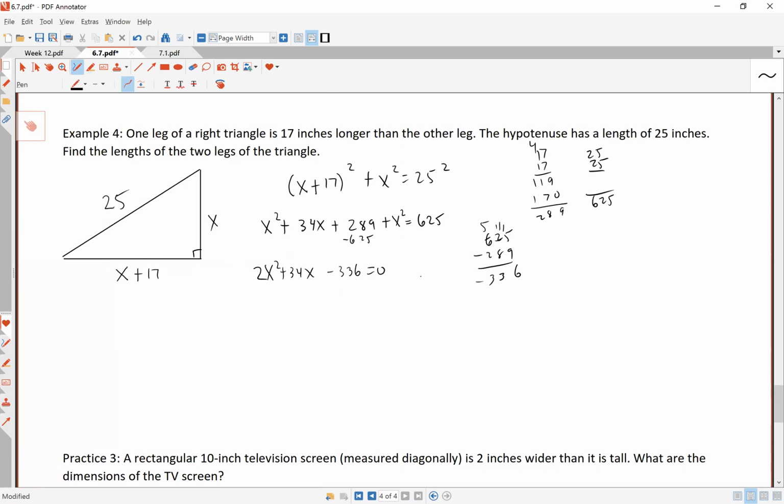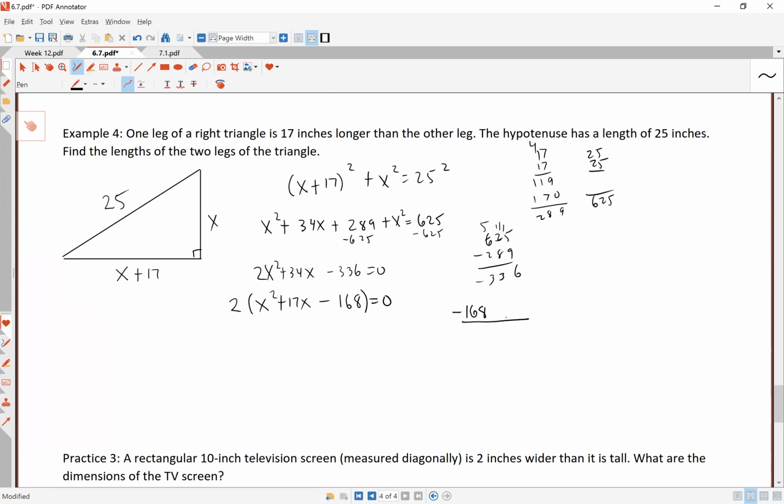And so that gives us 2x squared plus 34x minus 336. As we did before, we factor out the 2: x squared plus 17x minus 168 equals 0. Well, that's not too bad.